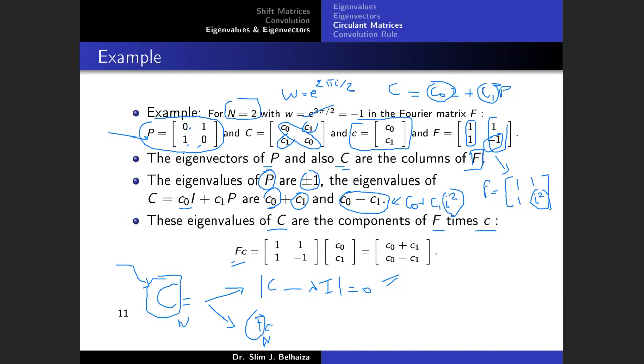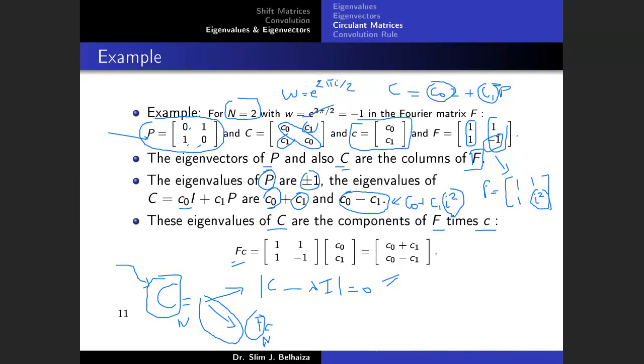Got it, guys? Any question on this? Clear? Okay. So be careful: there is a shortcut here. If you have a circulant matrix, then it's much easier to get the eigenvalues by multiplying the Fourier matrix of the same size by just the components of c.